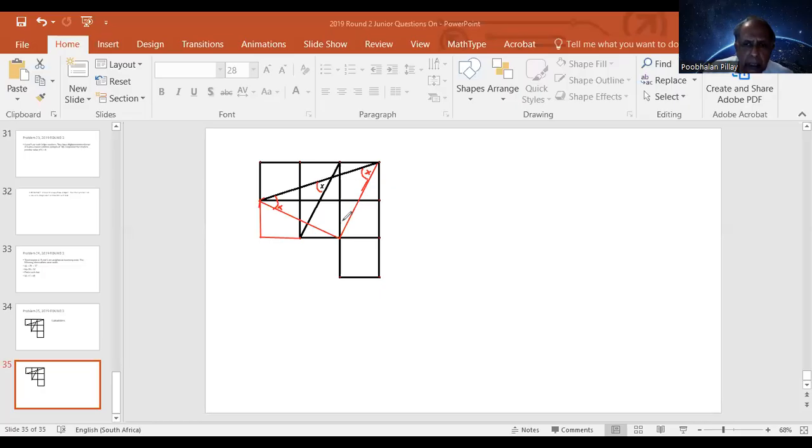Well, let's see. Let's put a dot here. This angle here that we are looking at is dot plus circle. I put a dot here and I put a circle here, right? Is dot plus circle.